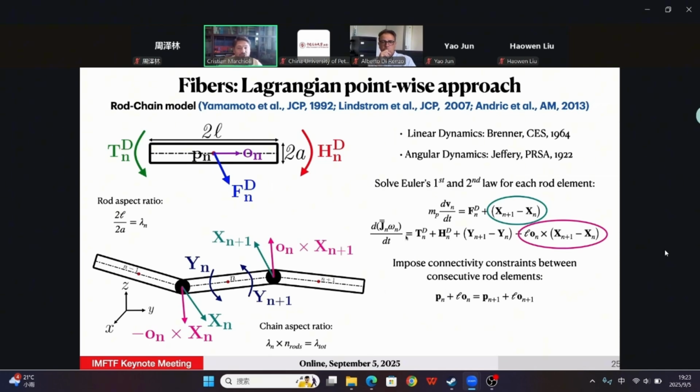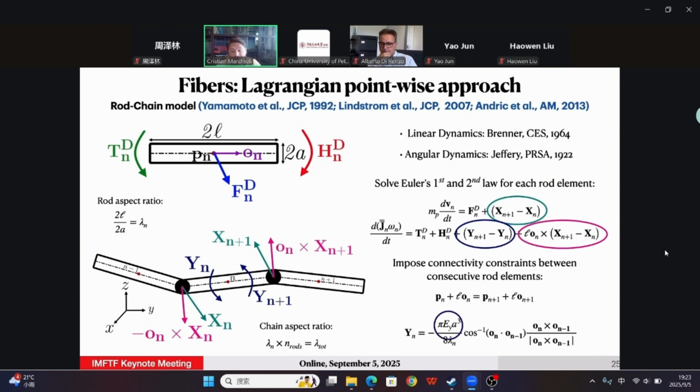Clearly, I already mentioned the Jeffrey torques here, and to make our simulation somehow realistic, we are also including these bending torques, which represent the effect of the material properties of the fiber. So fibers can be more or less rigid depending on the material with which they're made. So we are including this rigidity by including a resistance tensor, which makes the fibers more or less compliant.